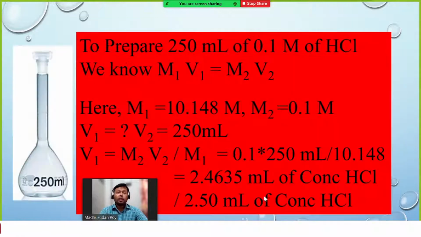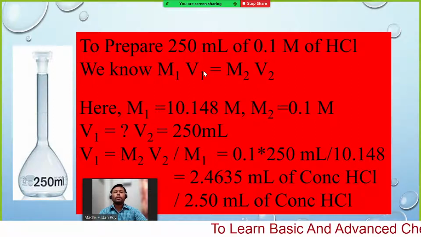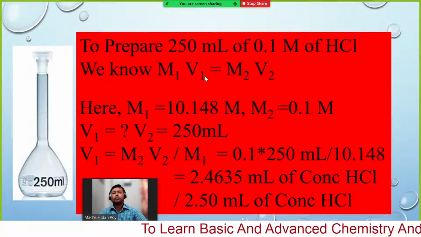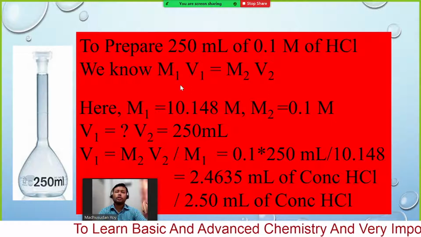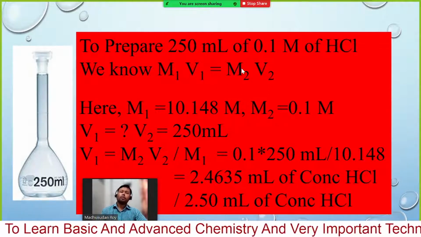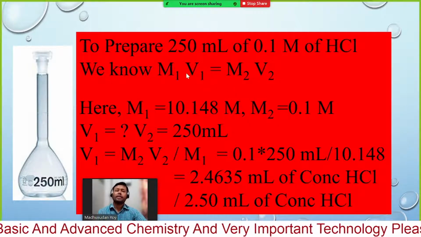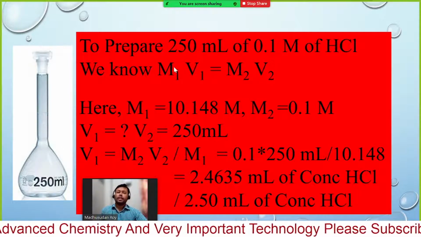You are familiar with the formula M1V1 equals M2V2: initial concentration multiplied by initial volume equals final concentration multiplied by final volume. To find this volume, use the final concentration and final volume, and divide by the initial concentration.